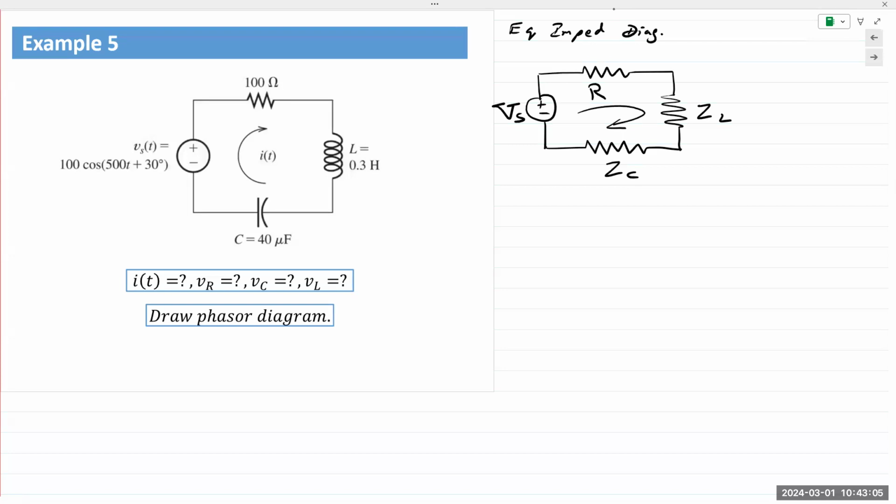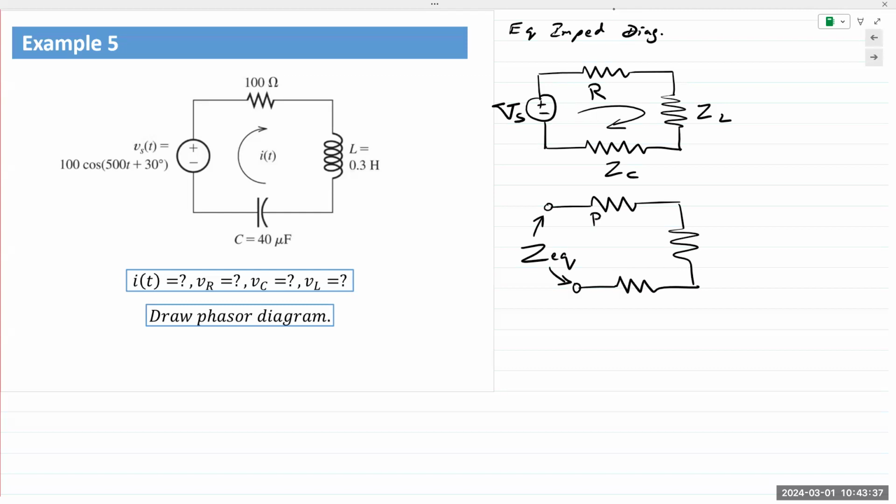We'd find Zeq as seen by the source, meaning we'd remove the source, and we'd find Zeq between those terminals. Just because the source is AC and we deal with complex numbers, the analysis techniques do not change. Only the math changes, but the techniques still remain the same.